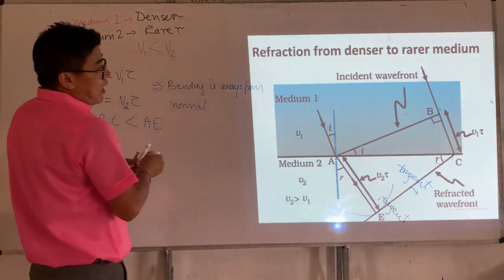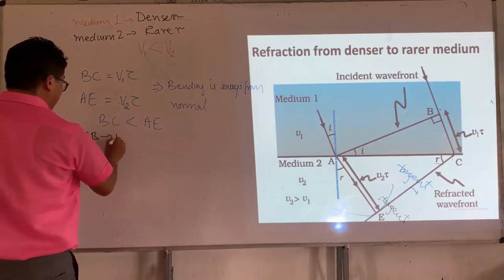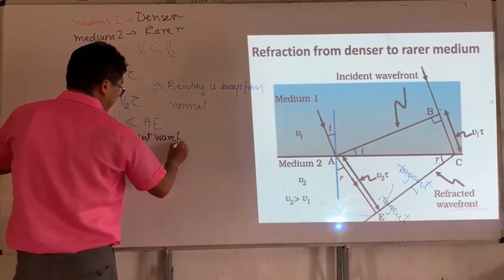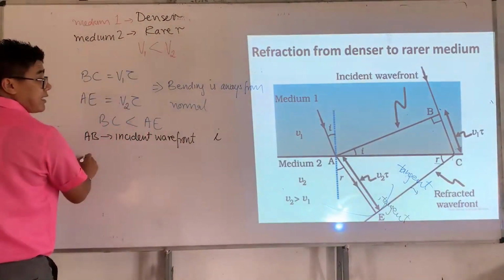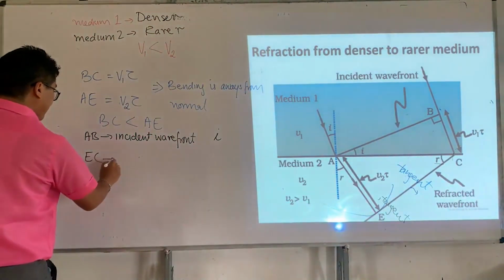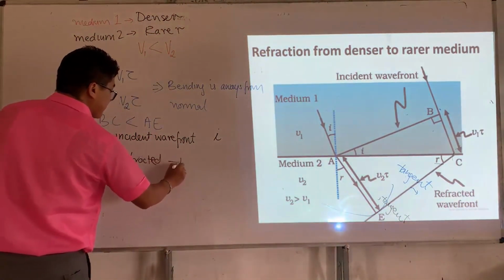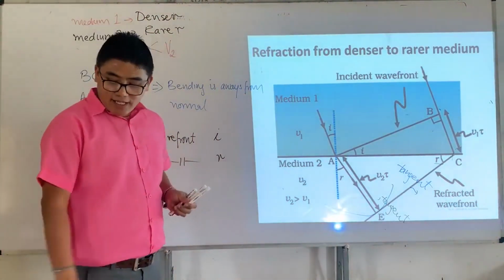This is going to be the wavefront. So AB is the incident wavefront with angle of incidence i, and EC is the refracted wavefront with angle of refraction r. So this is what we have.